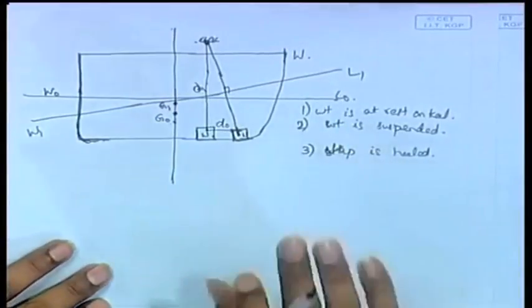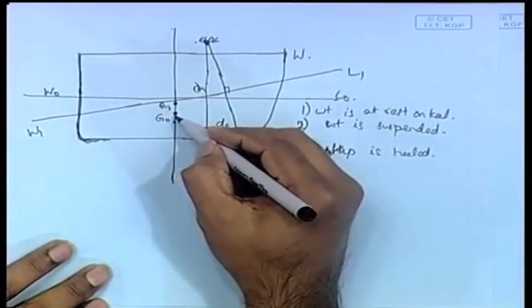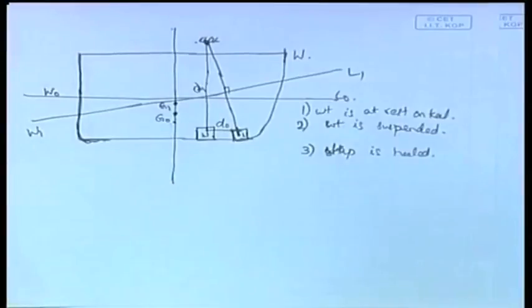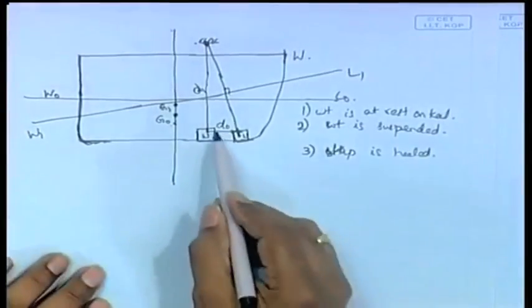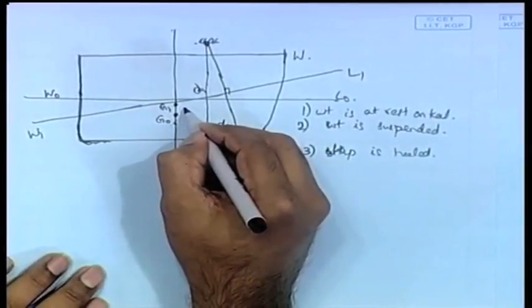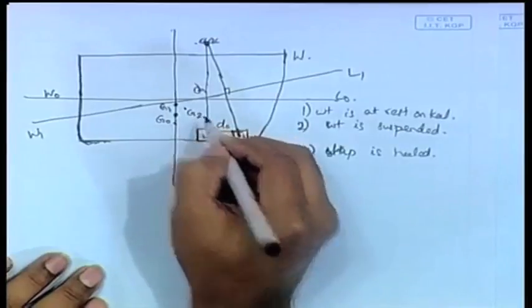Now because of this the g0 shifts to g1 first. Now when the ship heels, inclines, this weight goes horizontally, you have seen here a distance d0 is gone horizontally, therefore this will move here somewhere, we cannot say exactly, let us say g2.